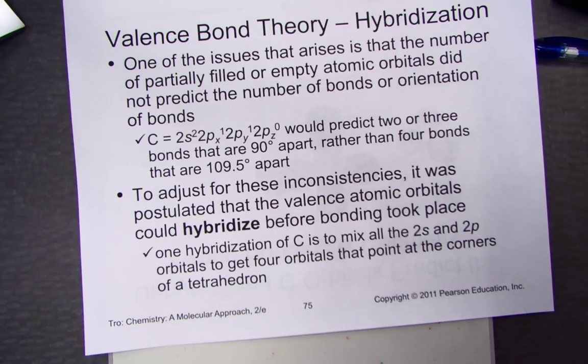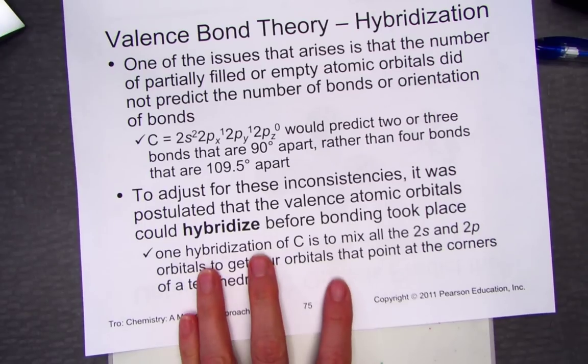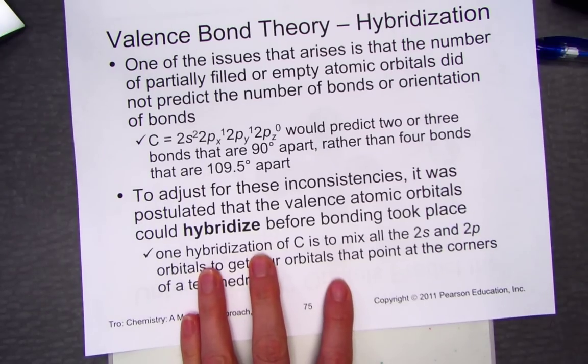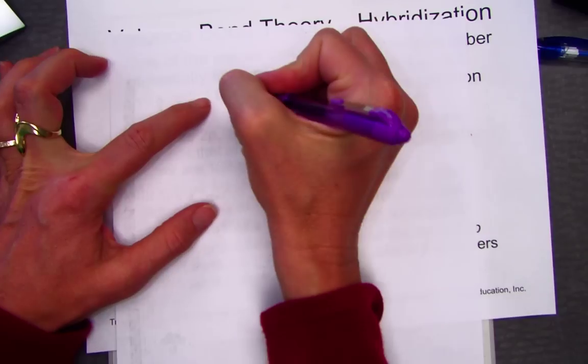Carbon, with its 2s2, 2p1, 2p1, 2p0, would predict 2 of the 3 bonds that are 90 degrees apart rather than 4 bonds that are 109.5 apart. Therefore, we are going to hybridize. I'm going to clarify with a simple example on this particular slide.